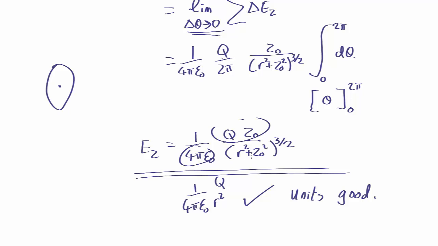When you're a long way out, we want it to look like Coulomb's law. So when we're a very long way out, z naught is much bigger than r, which means in the term on the bottom here, we can ignore the r squared.